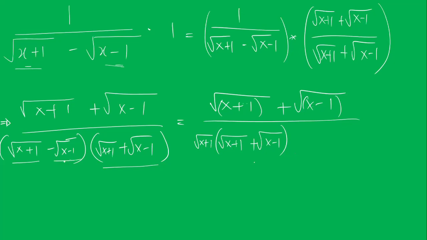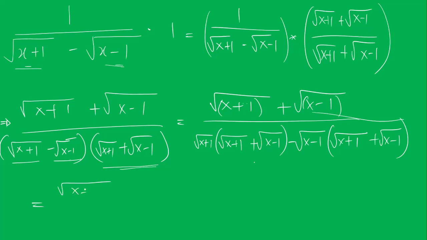Then we use this to multiply the whole of this. That is minus the square root of x minus 1 times, bracket open, the square root of x plus 1 plus the square root of x minus 1. So that is it. Now, the numerator will still remain the way it is.